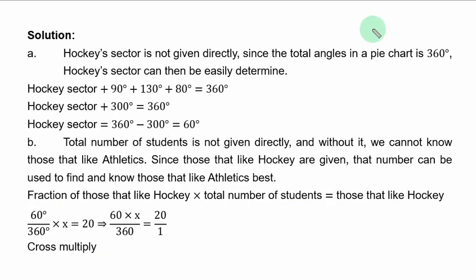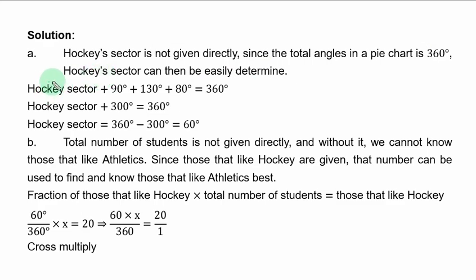Solution. A part of the question: hockey's sector is not given directly, but since the total angles in the pie chart is 360 degrees, hockey sector can then be easily determined.